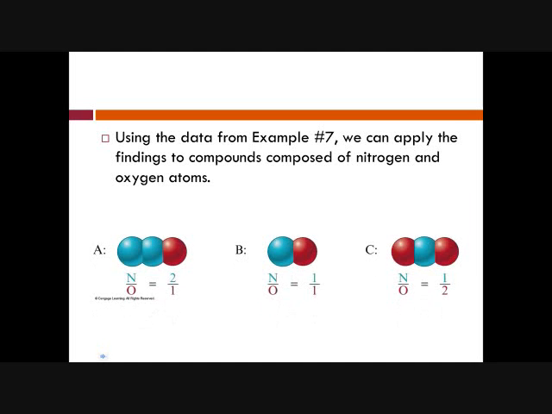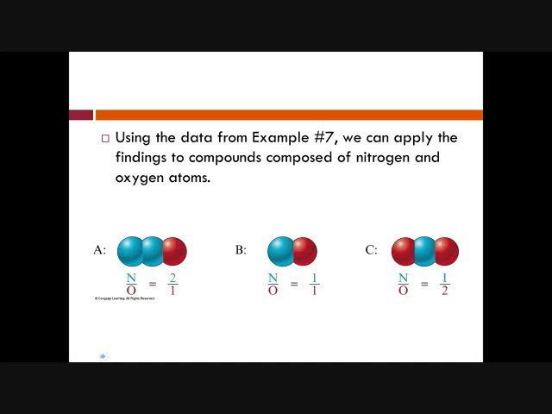So, one situation we could say is that, because this is 4 times as big as this, and twice as big, we could say that a compound would have 2 nitrogens for every 1 oxygen.